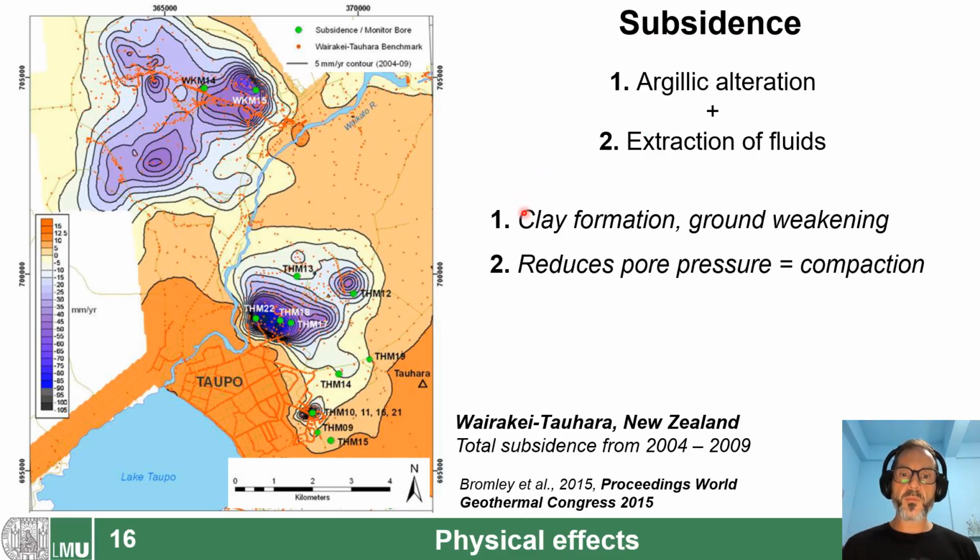So a combination of clay formation and ground or rock weakening, together with reduced pore pressure and compaction, can produce subsidence over quite a wide area, as you can see from the scale of these two geothermal areas, and result in subsidence that in this particular case goes up to 100 millimeters per year.